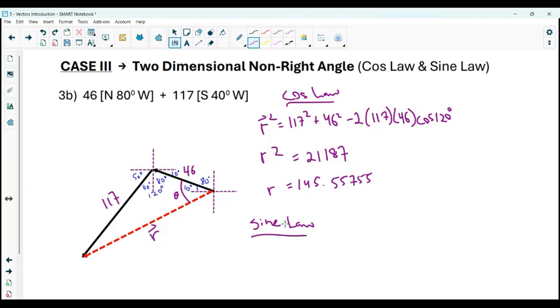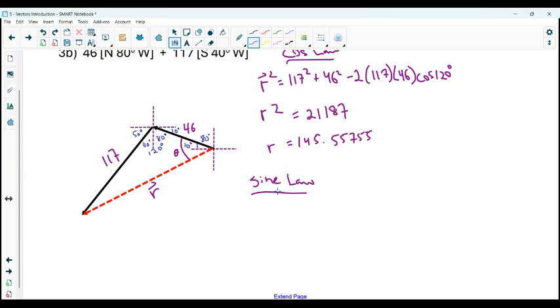Using sine law, I'm going to match up sides and angles. I want to know this angle I called theta, so I'm going to match it with the side that's opposite. That's 117. And I know one angle, it was 120, so I'll put sine 120, and that's across from the resultant side, right? And I calculated that.